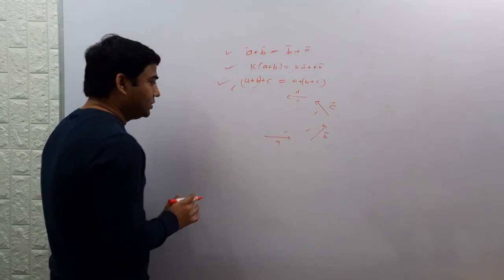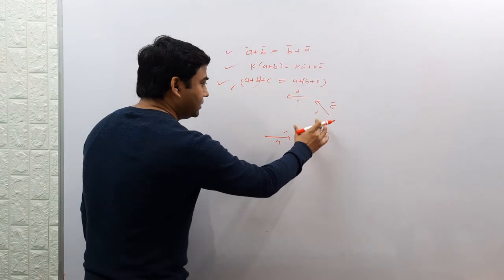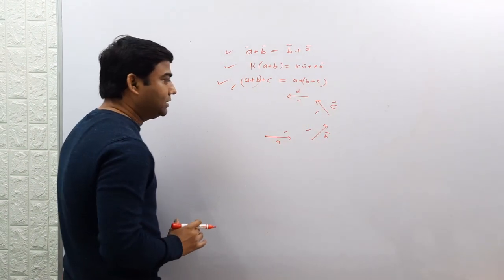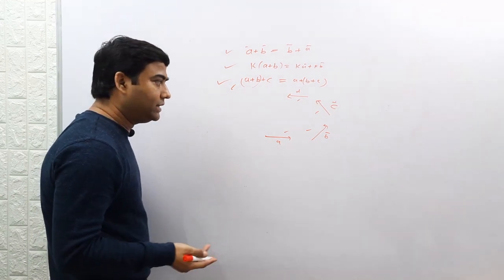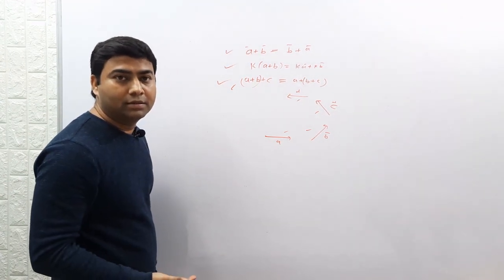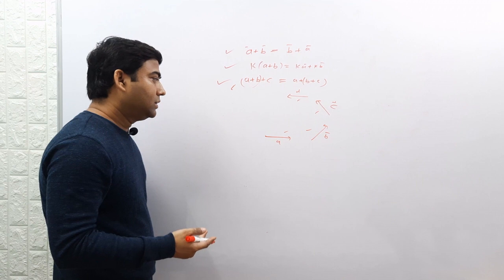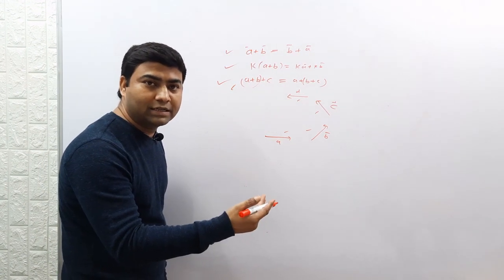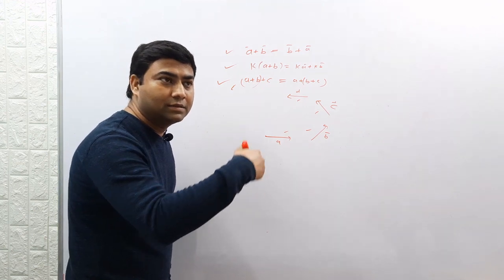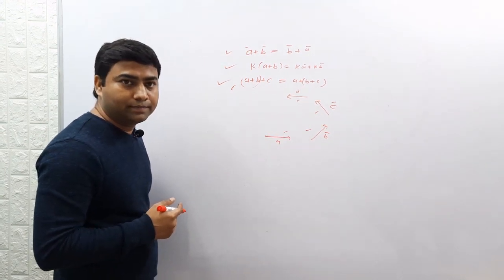Polygon law says you just make sides of a polygon with the help of these vectors in a sequential manner. Sequential manner means the head of the first vector should match the tail of the second vector.